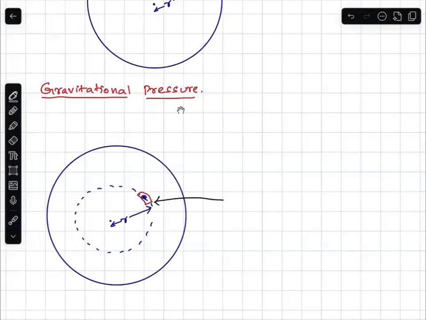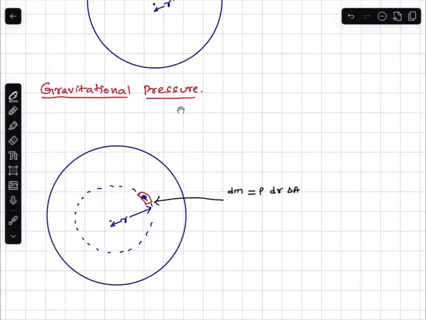This element will have mass dm, width dr. So therefore mass can be written as rho dr delta A. Delta A is the area. Width, thickness along the radius dr. Rho, mass per unit volume. Right. That is the mass.